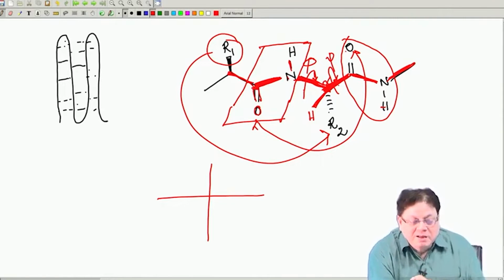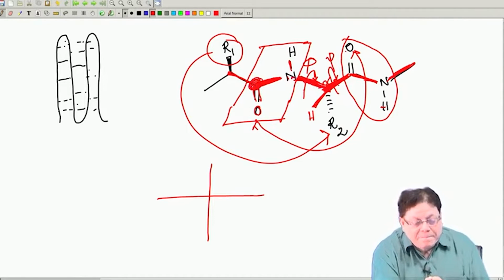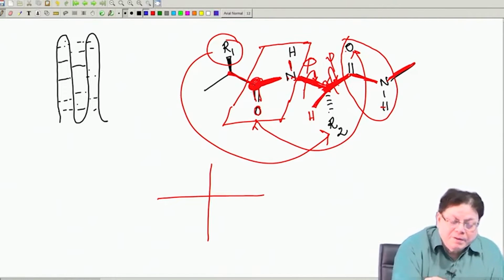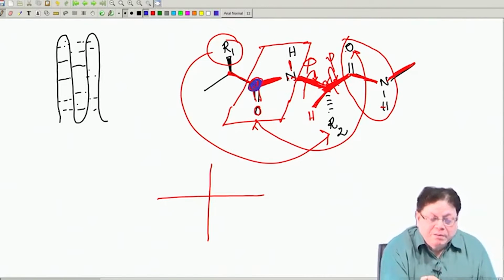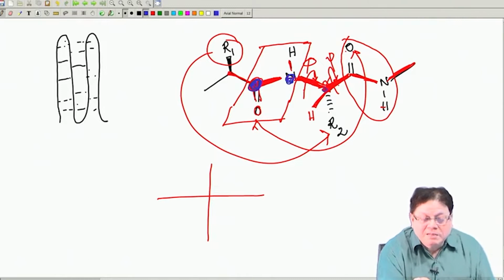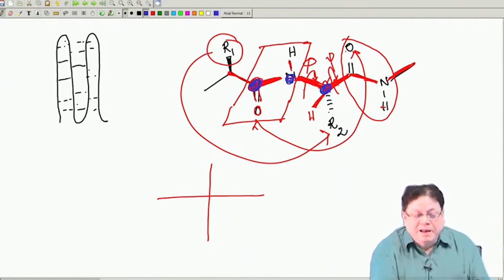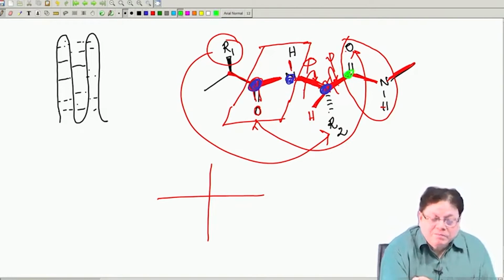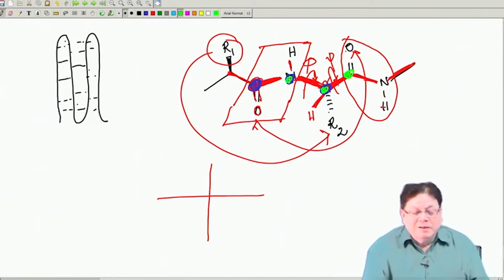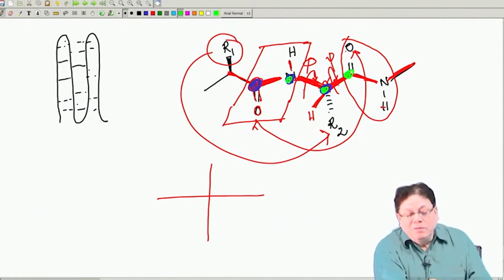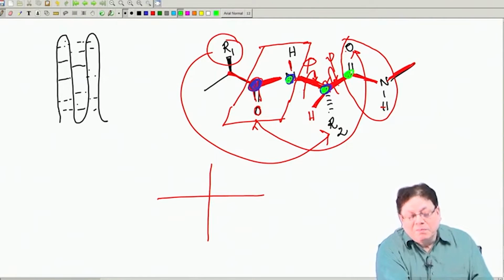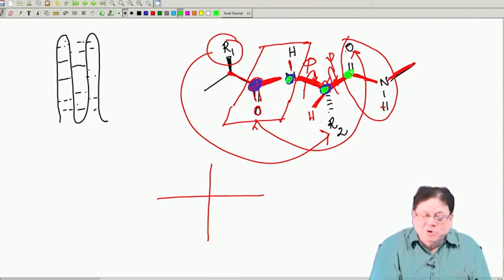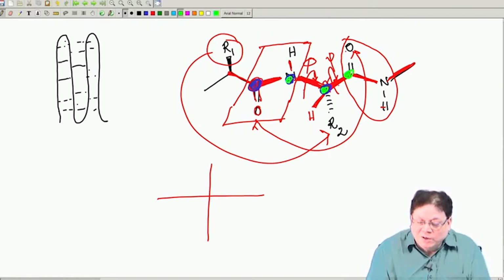Actually, when we talk about the phi angle, we take this carbon, this nitrogen and this carbon, that is one plane, and we take this one and that one, that is the other plane, and the common bond between them is this carbon-nitrogen bond. So, that is the dihedral angle, that is what is called the phi angle.